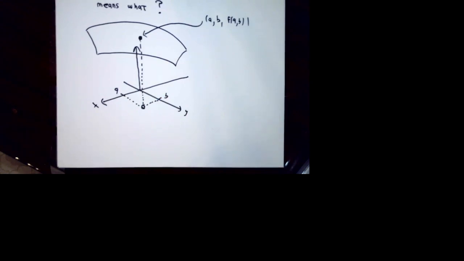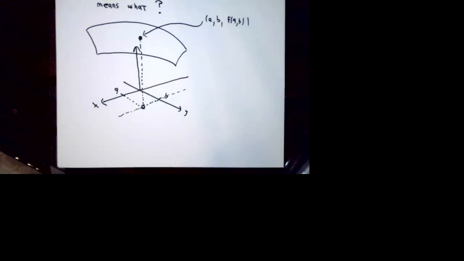I first want to think about the partial derivative with respect to x. In the definition, I look at a difference of function values, but I hold the y-coordinate constant and let the x vary. So when I'm thinking of the partial with respect to x, I'm not thinking about all points down in the xy plane.